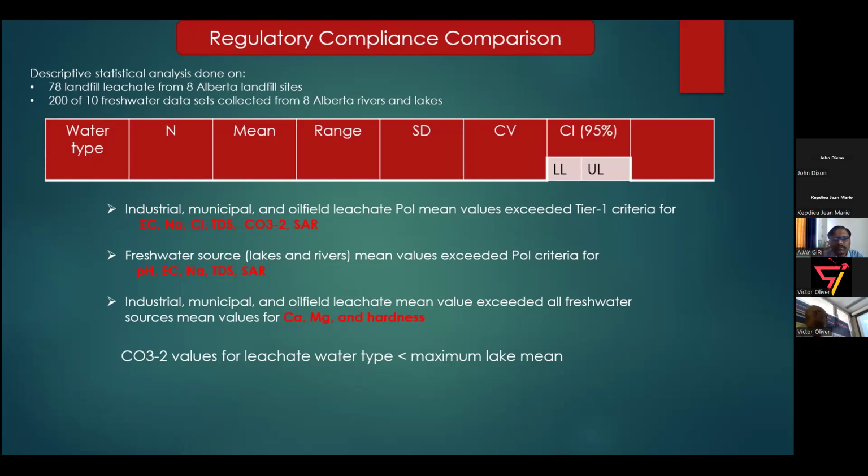And interestingly enough, for industrial, municipal, and oilfield leachate, the mean value exceeded all freshwater source mean values only for calcium, magnesium, and hardness. So typically speaking, the carbonate values for the leachate water types were less than the maximum lake mean concentration average.